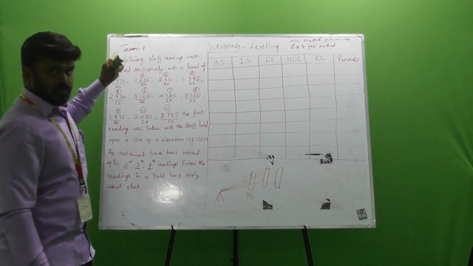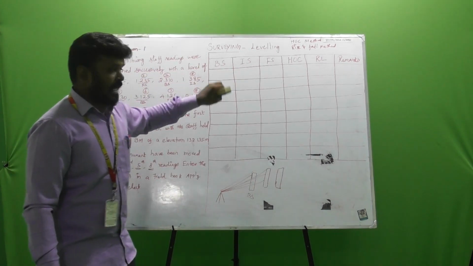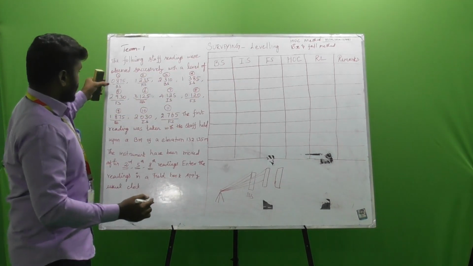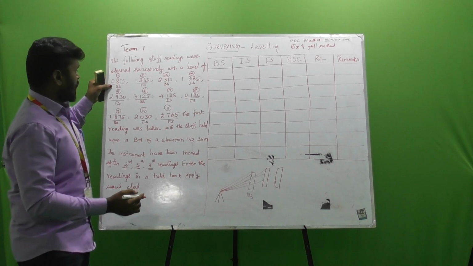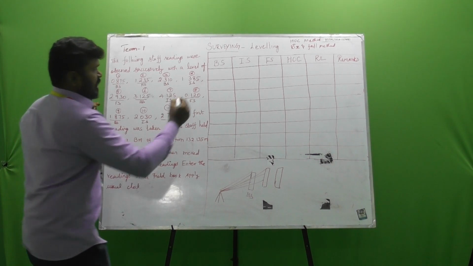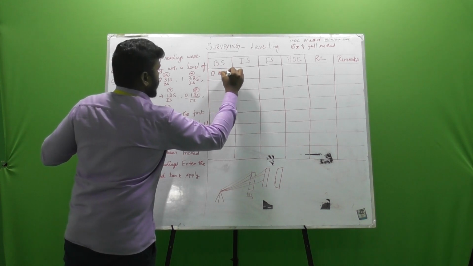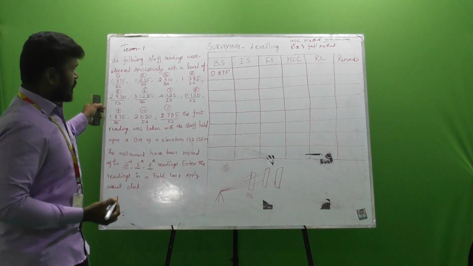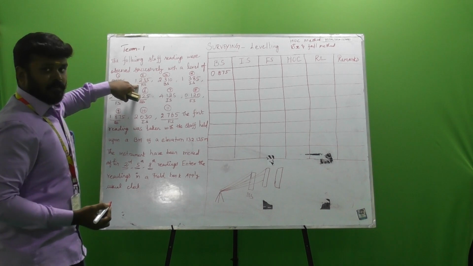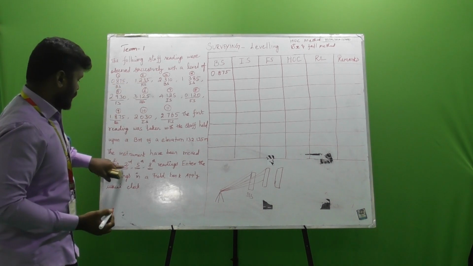So the values should be entered in the field book carefully. The first value is the backsight value, BS 0.875. The second reading is the foresight, because the instrument is moved after the second reading.